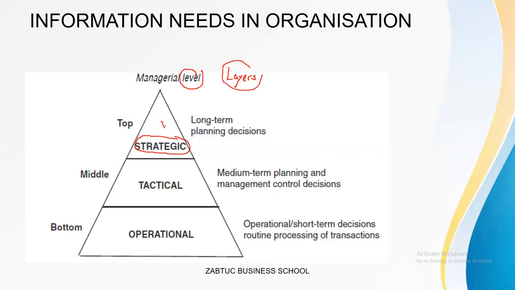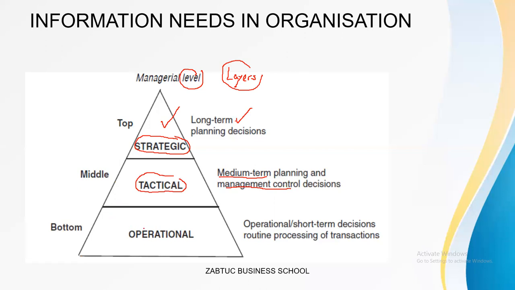We've got people who are responsible for strategic management, which is long-term planning of the organization. We've got people who are responsible for tactical planning, which is medium-term planning and management control decisions.